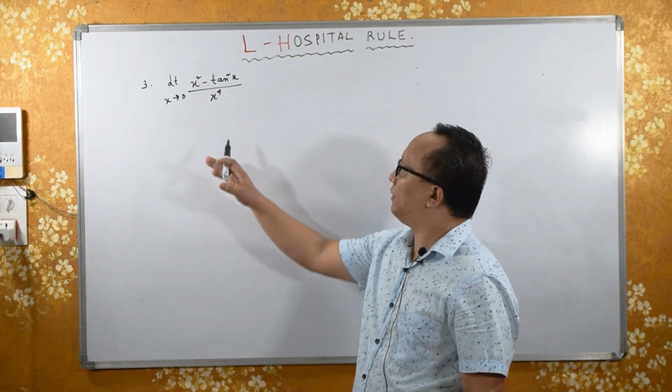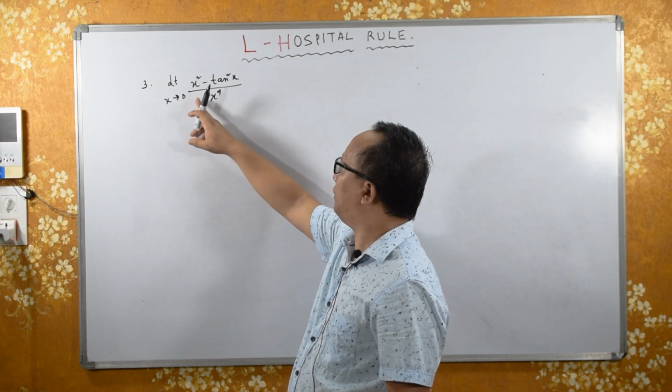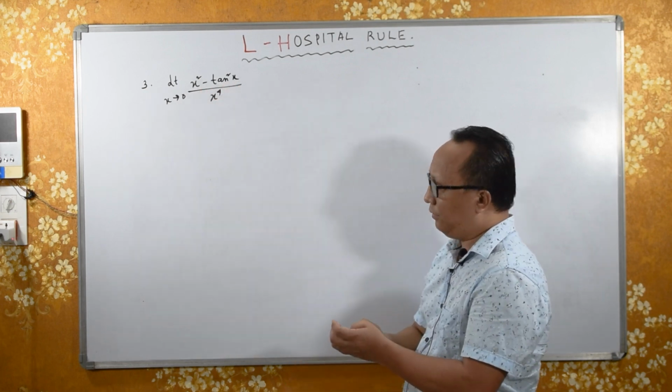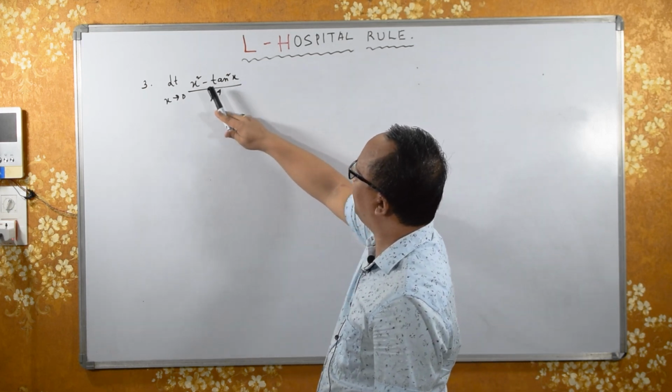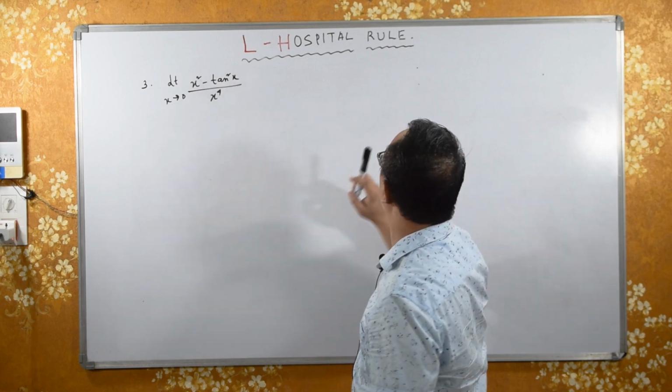Now let's consider example 3. Limit of x tends to 0, x squared minus tan squared x upon x to the power 4. When x tends to 0, the numerator is 0 minus tan 0, which is 0, so it is of the form 0 by 0.